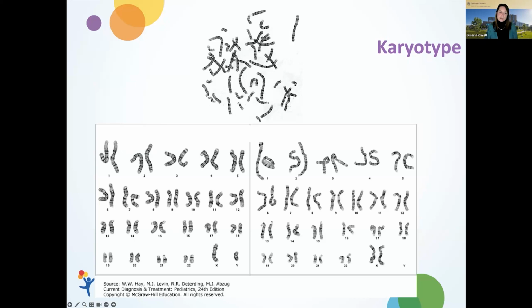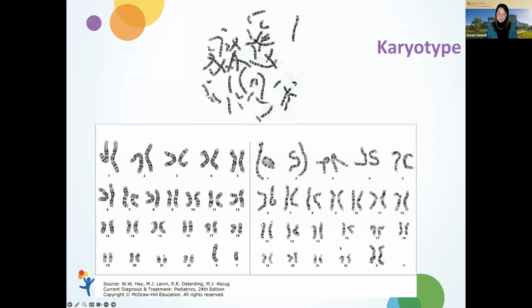In each pair, we have a chromosome that came from mom and a chromosome that came from dad. Then our 23rd pair is labeled as the sex chromosomes, and these are either an X or a Y chromosome. The Y chromosome has the genes that drive male development. When we have a girl, there's no Y chromosome present, and there are typically 2 X chromosomes.